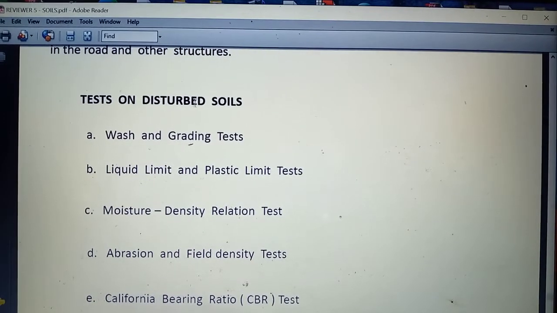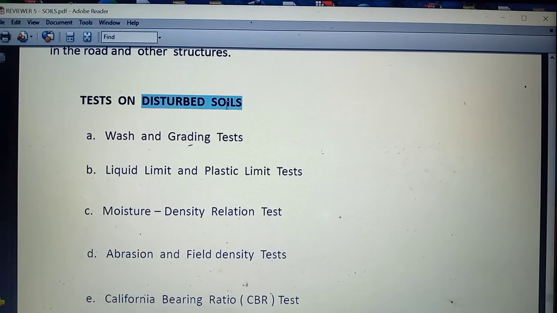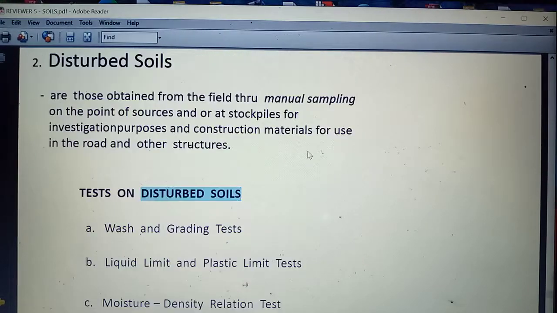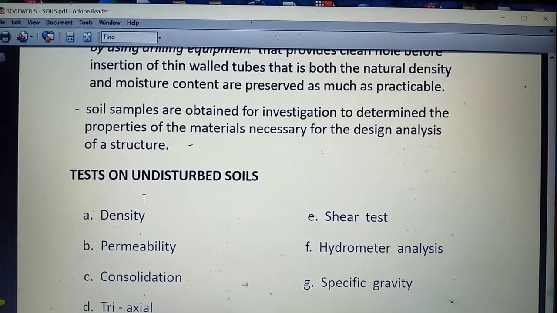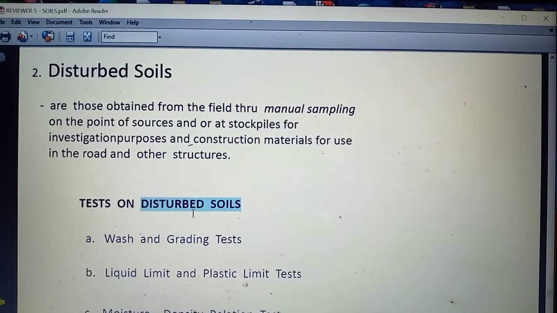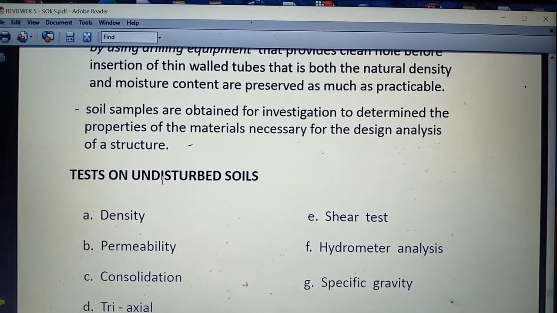So, this disturbed sampling is usually done for road construction, at itong si undisturbed soil sampling is para kay building. Si undisturbed soil is gagamitin mo siya sa building construction, as si disturbed soil para kay road construction. Yan yung kaibahan nila. And then additionally, yung undisturbed soil is ginagamit din siya sa mga bridges and other structures.